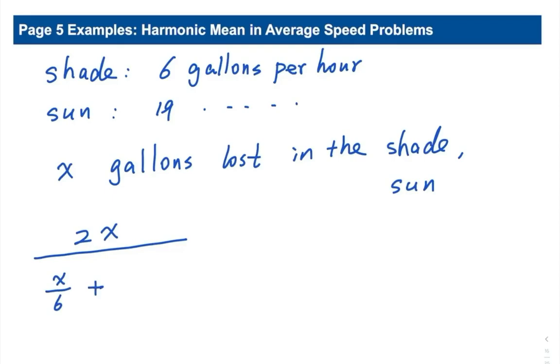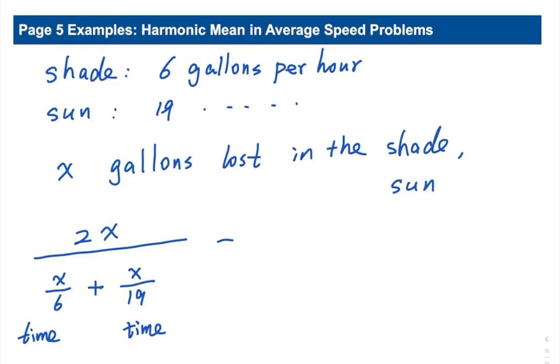And X gallons lost in the sun, and the rate is 19 gallons per hour. So the number of hours exposed to the sun is X over 19. So this is time. This is also time. Add them together, that's the total amount of time. Then 2x divided by that is going to be the average rate of evaporation.